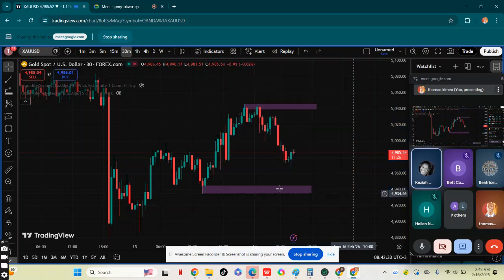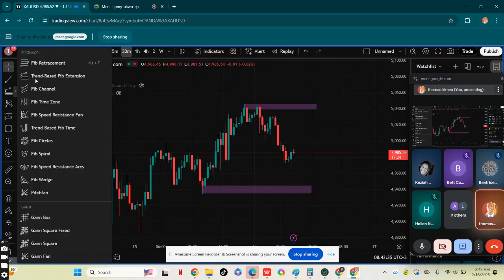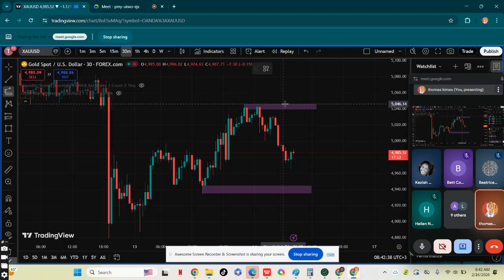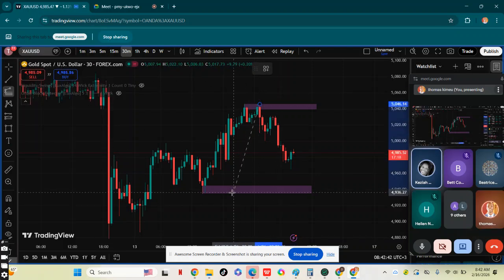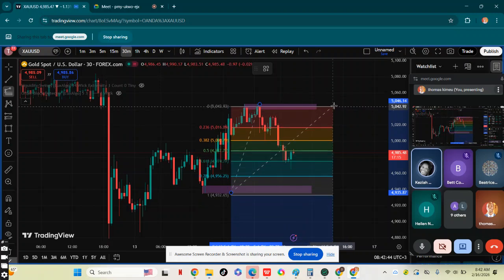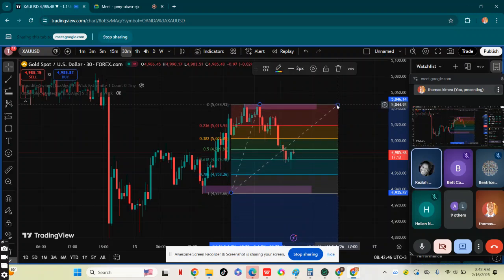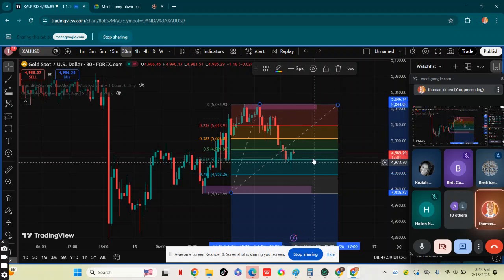When the market is bearish on a downtrend, you draw from resistance, the opposite, going down to support, like that. Sawa sawa. So that's about the support and the resistance, and that's about the fib.